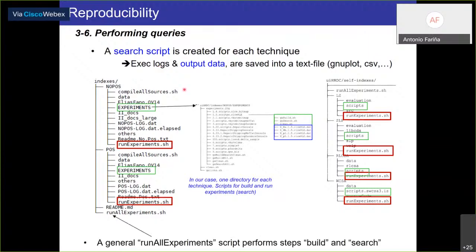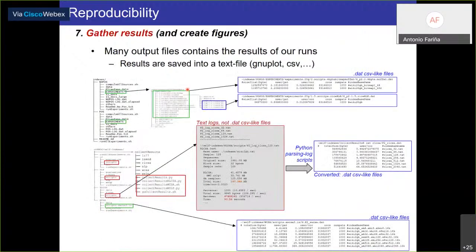In all cases, in our experiments and the techniques we created, we managed to have all the output of the programs in this shape. So we have the index size, the milliseconds per pattern, the microseconds per occurrence, the occurrences, and so on.